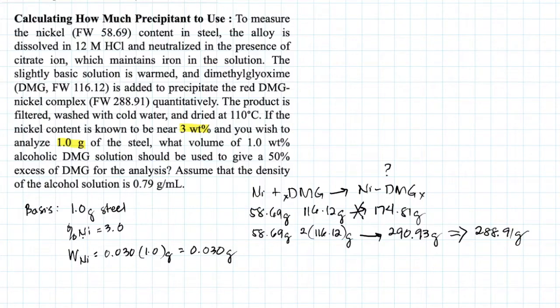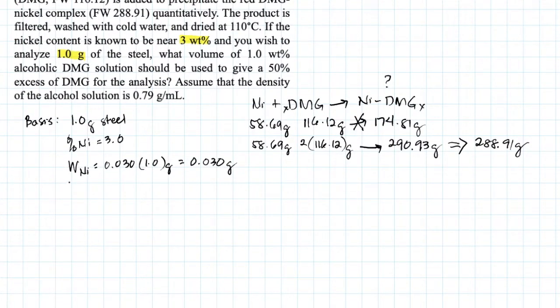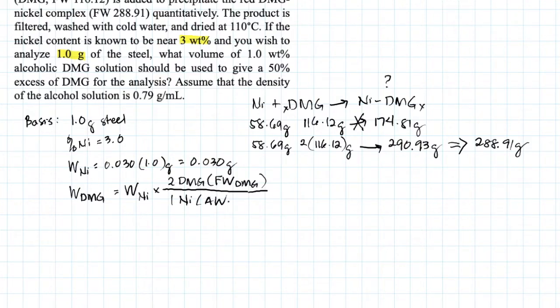So, we can now use this to solve for the weight of DMG. And this is equal to the weight of nickel multiplied by our gravimetric factor. We know that there are 2 moles of DMG times the formula weight of DMG reacting with 1 mole of nickel multiplied by its atomic weight.